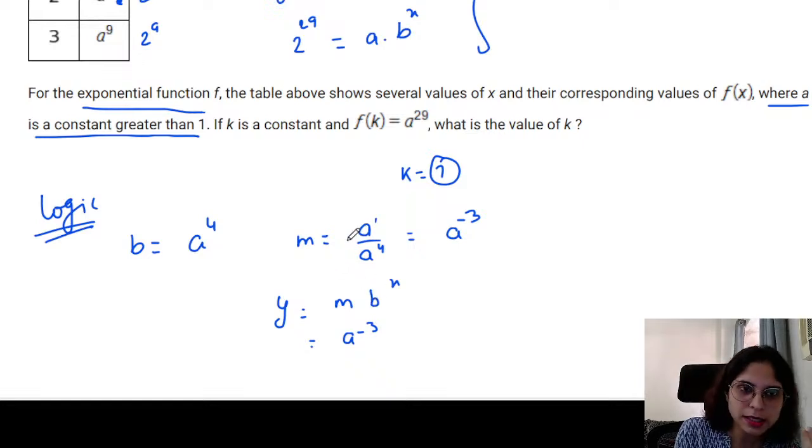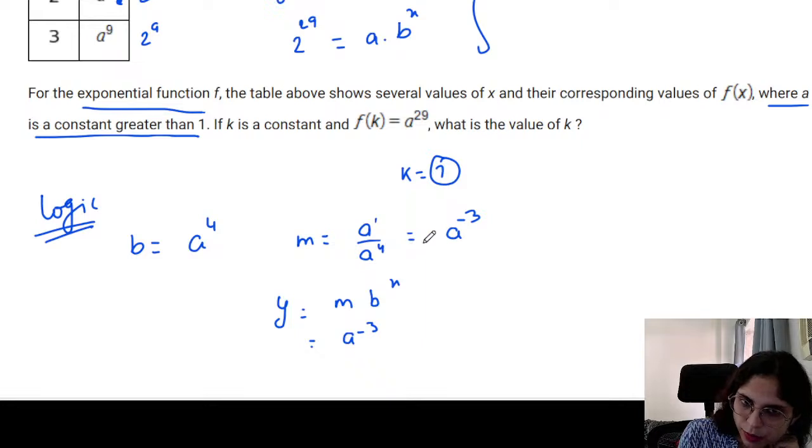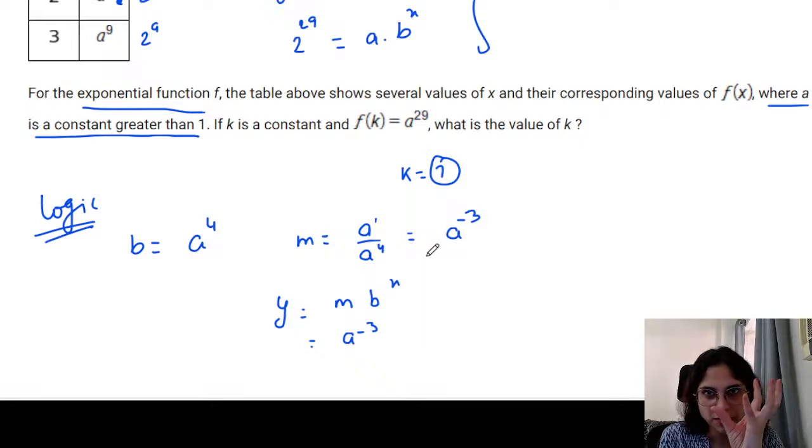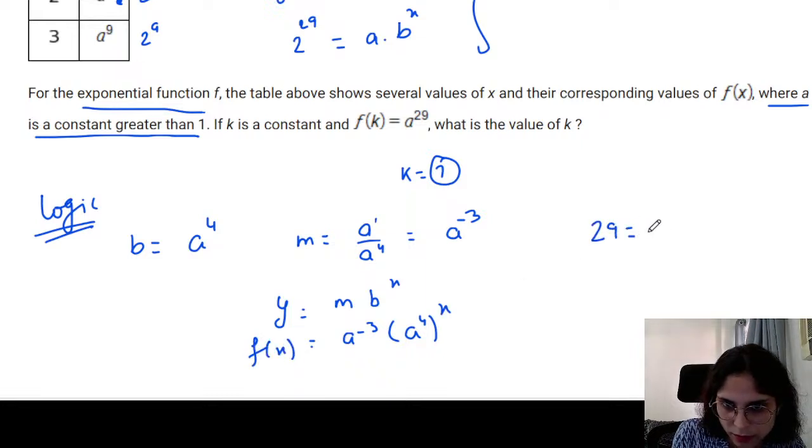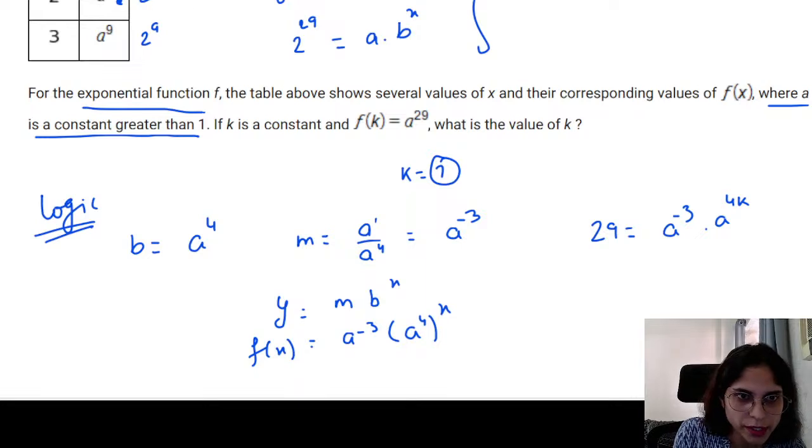I am just choosing anything else other than a, so that you don't get confused. A divided by a to the power 4, that is your y-intercept, that is the initial value. A to the power negative 3, this is a to the power 4 whole to the power x, and now this is a to the power 29. Not 29, a to the power 29.